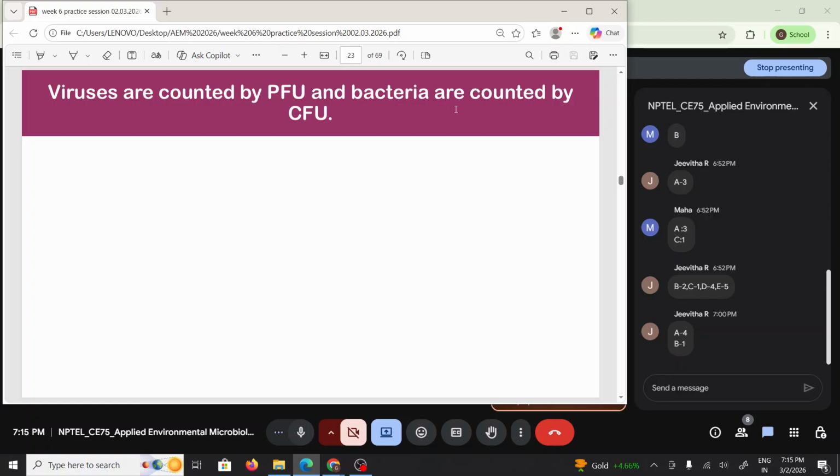What is the question here? The question is whether the given statement is true or false. The statement is that viruses are counted by a unit called PFU, and bacterial counting we do in terms of CFU. You just have to figure out what PFU and CFU are and then tell if the statement is true or false.